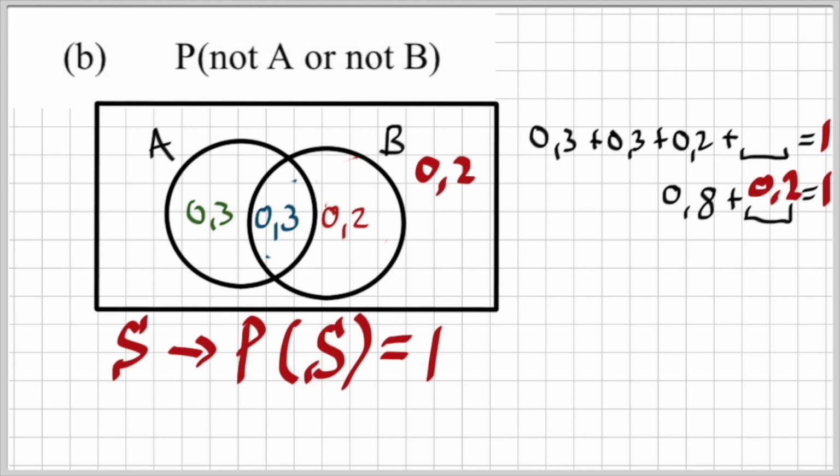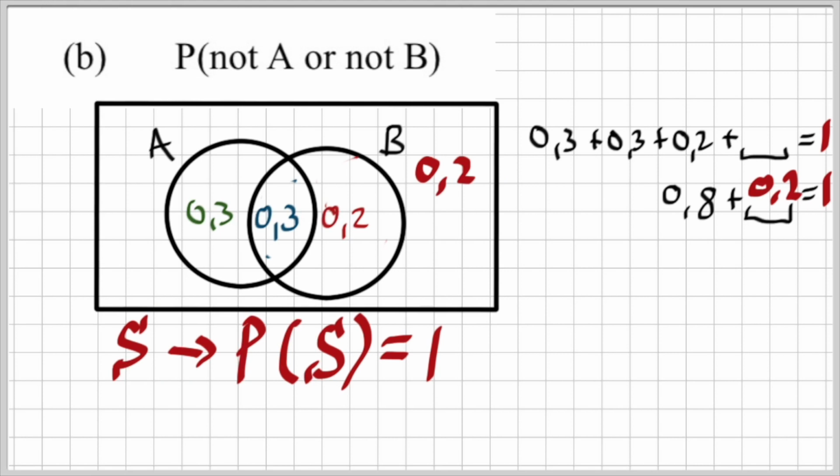It means that if A, for instance, now I'm making this up for you to understand, let's say A was playing hockey and B was basketball, or doing archery and basketball, A and B. The 0.2 is the probability that someone doesn't play either of those.